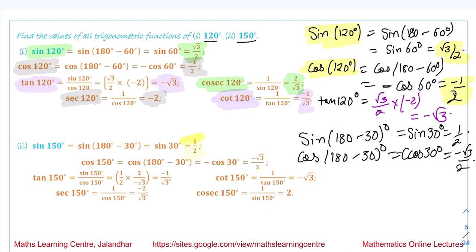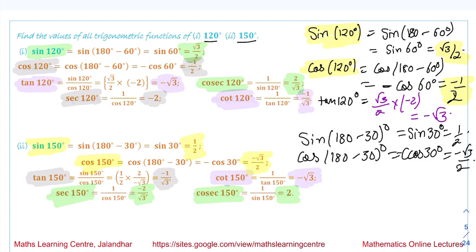From these two values, from the value of sine 150 and cos 150, if we divide both these values, we will get tan of 150 degree, that is equal to minus 1 by square root 3. Next we have cot of 150 degree, that is equal to minus square root of 3. Next we have secant of 150 degree, that is 1 over cos of 150 degree, so it is minus 2 by root 3, and cosecant of 150 degree is equal to 2.